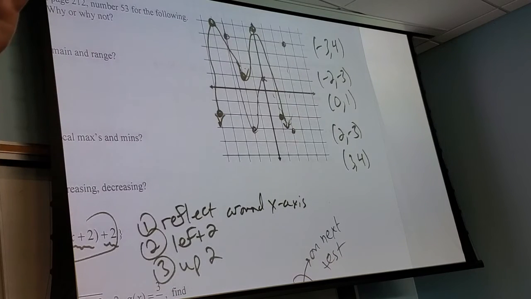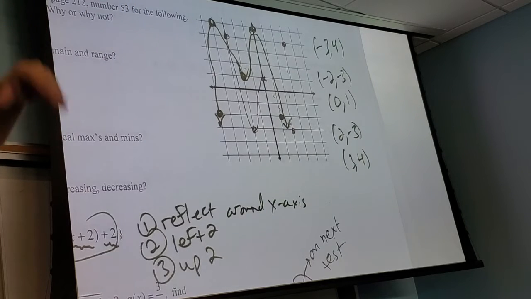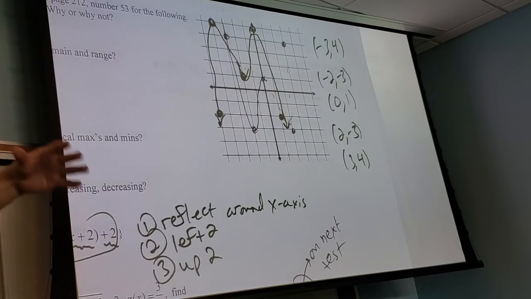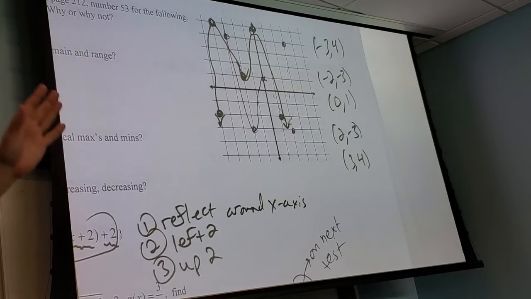The worst thing you can do in this class, this is huge, is to give me a perfect graph that does not match the work you did. You with me? Because then you're going to lose the most points because you just got that graph out of your calculator.